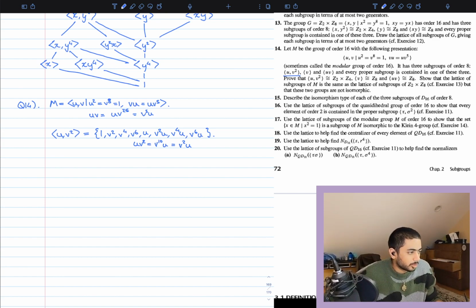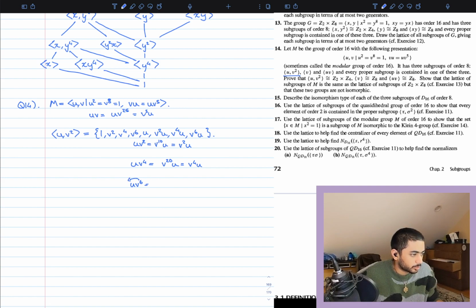Weird. What about uv to the 4? What happens now? Well, now it becomes v to the 20u, which should be v to the 4u. So swapping these two brings you back here as well. Similarly, uv6, I'm sure will do the same thing and just be the same thing as v6 to the u.